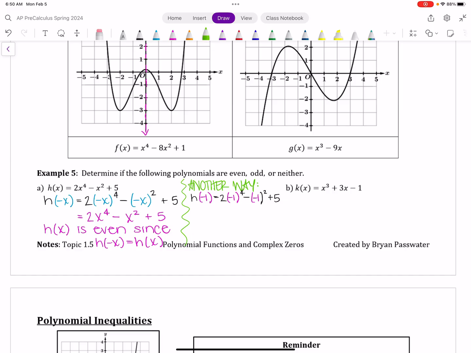So if we think about h of negative 1, we would have 2 minus 1 plus 5. So h of negative 1 is 6. And we also want to find h of positive 1. And if they're the same, we know we have an even function.